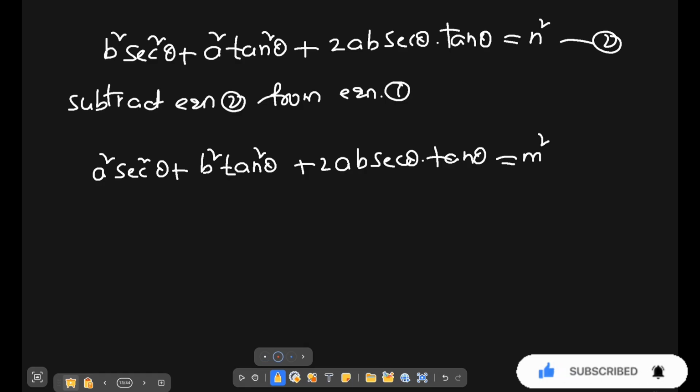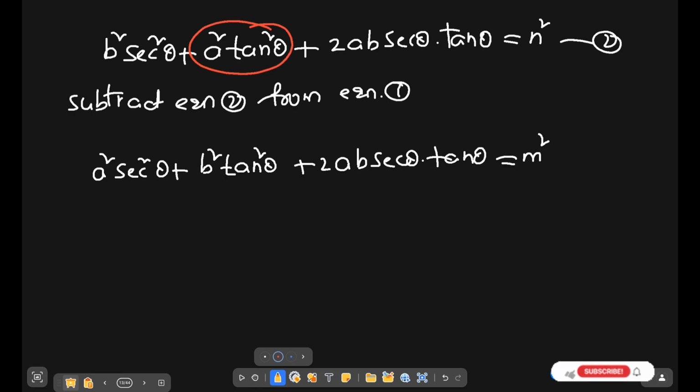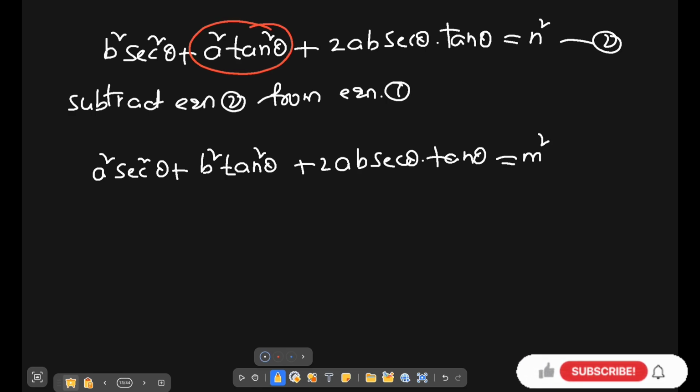Here we have an a square term, right? So right here a square tan square theta.